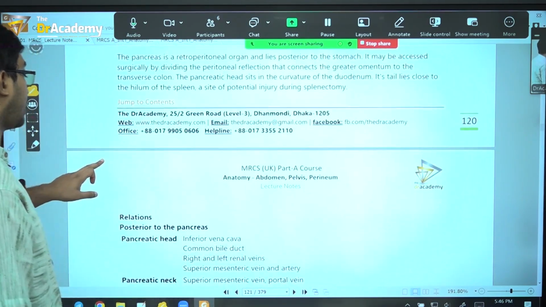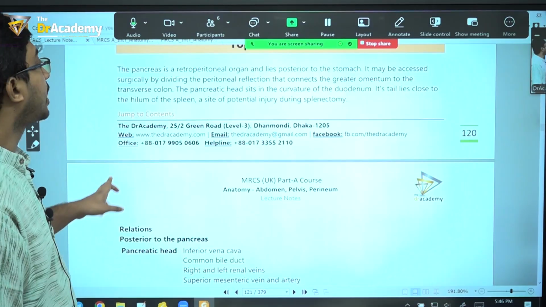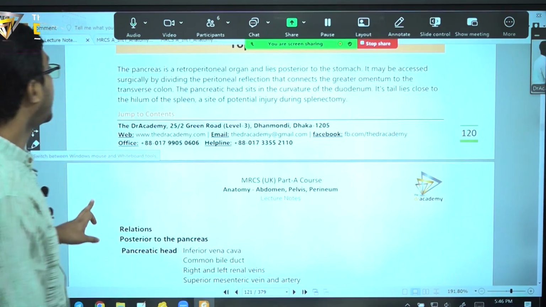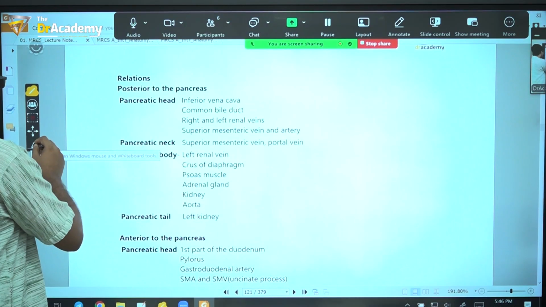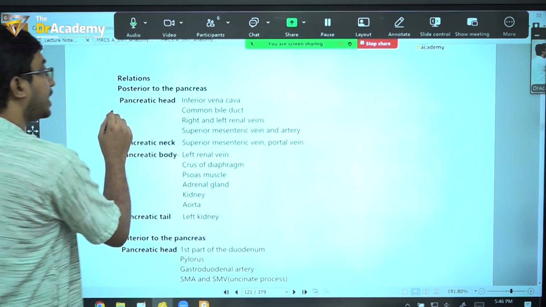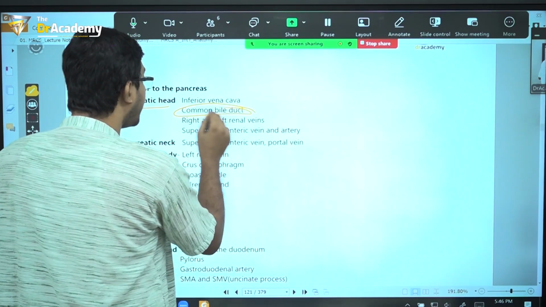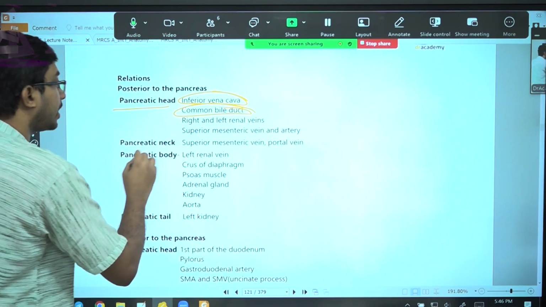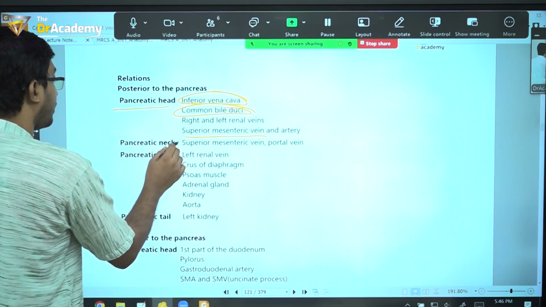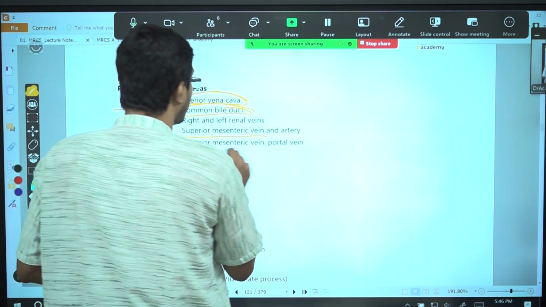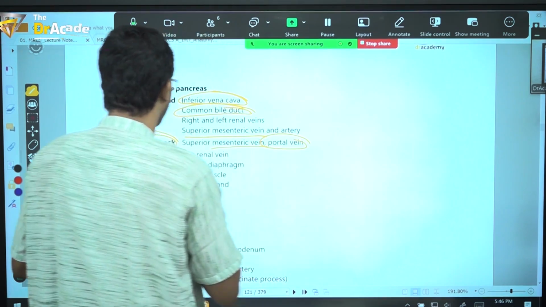The pancreas is a retroperitoneal organ posterior to the stomach, and its important relations are as follows. Behind the pancreatic head are the common bile duct, the inferior vena cava, and the superior mesenteric vein and artery. Behind the pancreatic neck are the superior mesenteric vein and the formation of the portal vein.